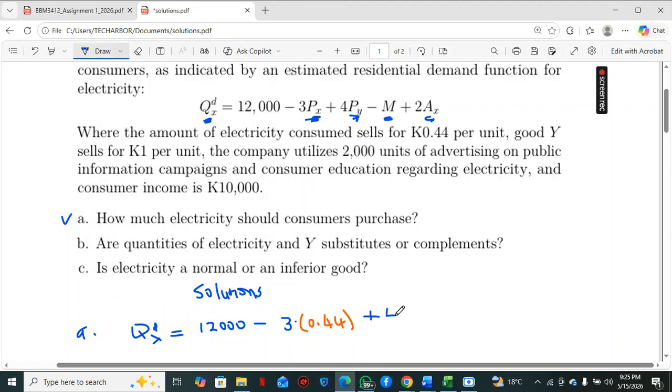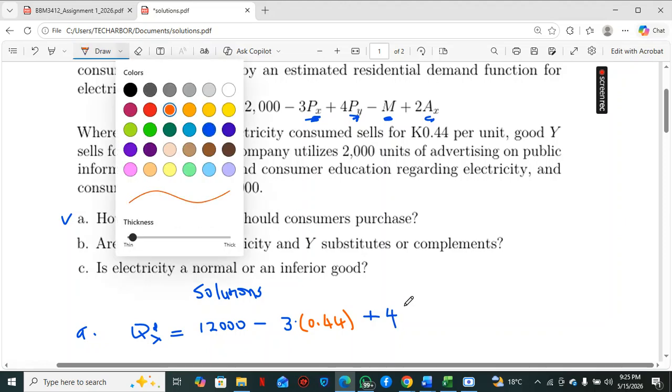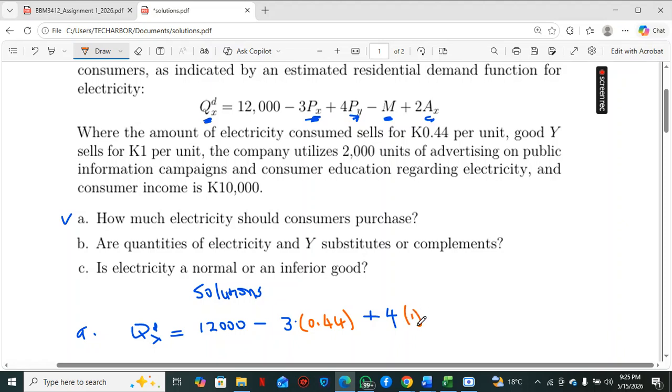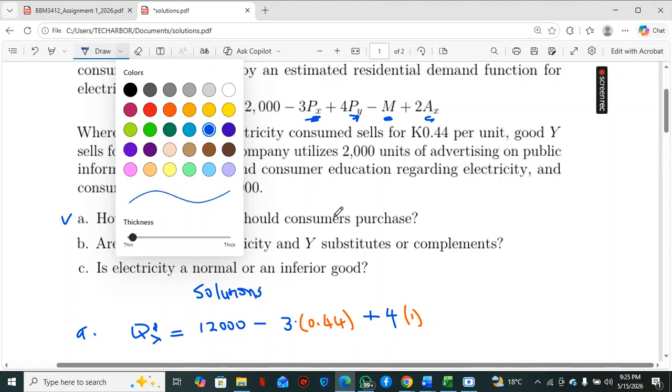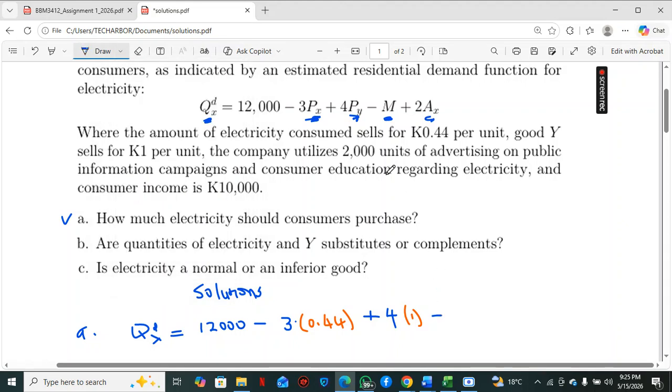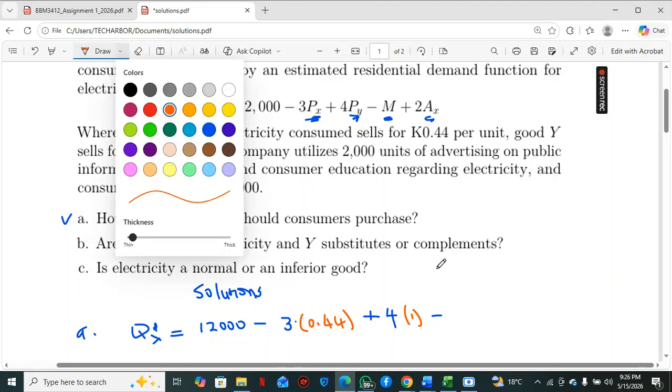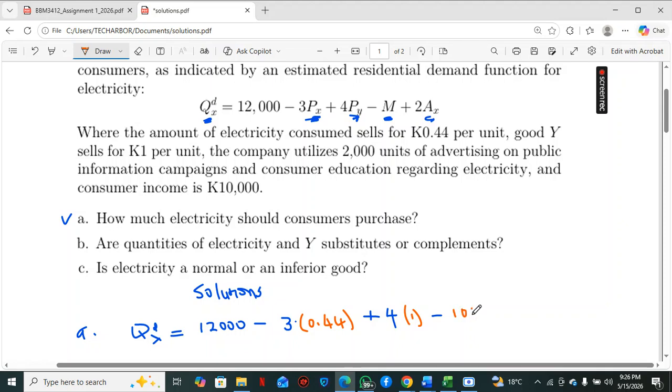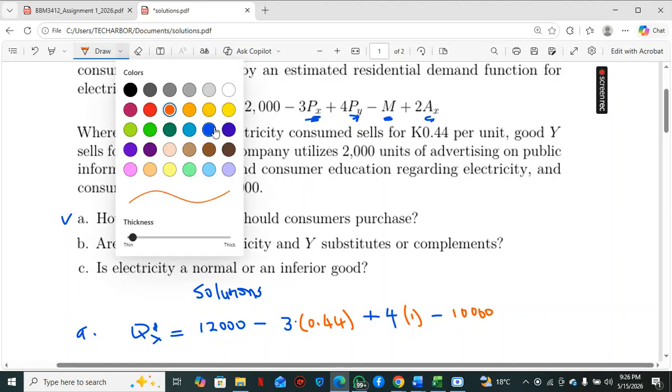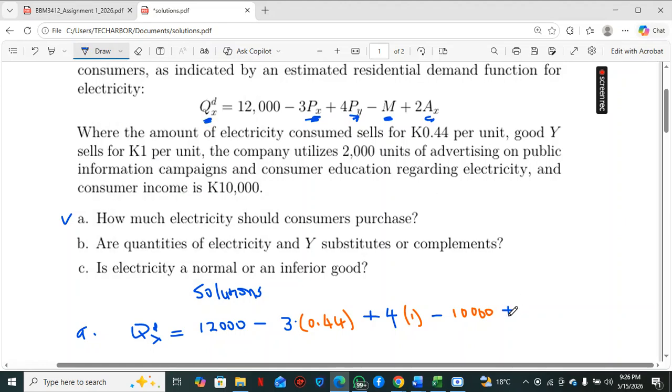So py, substitute it with 1, minus m, income. Consumer income is 10,000, plus 2a. 2a is advertising, 2,000 units of advertising.